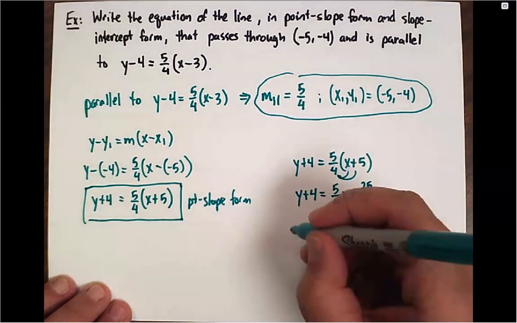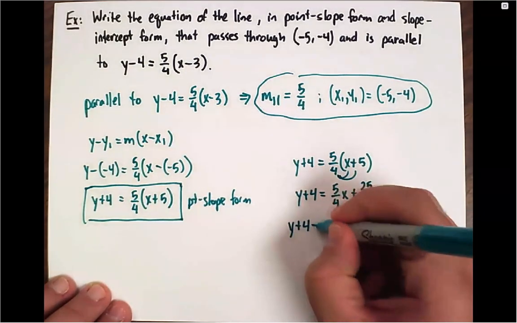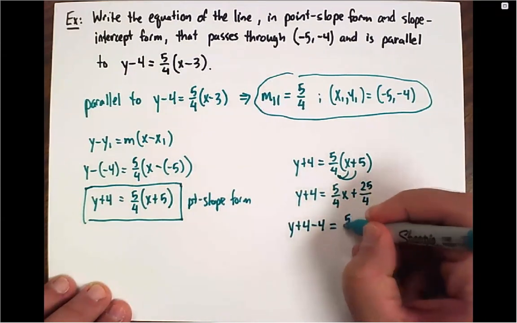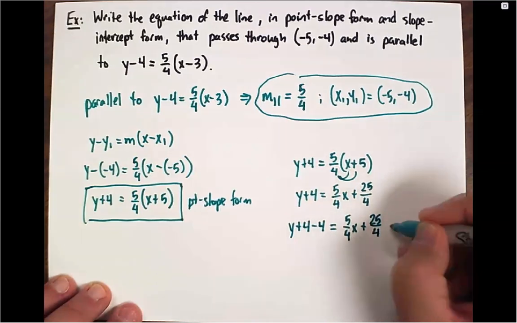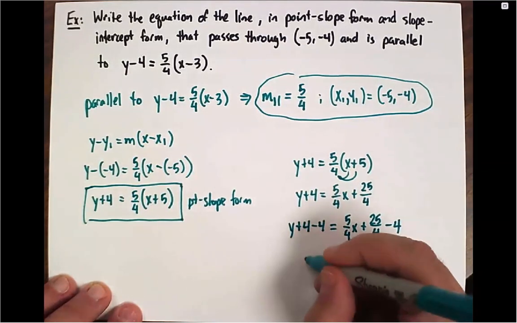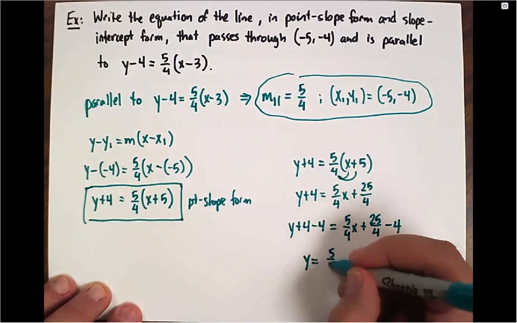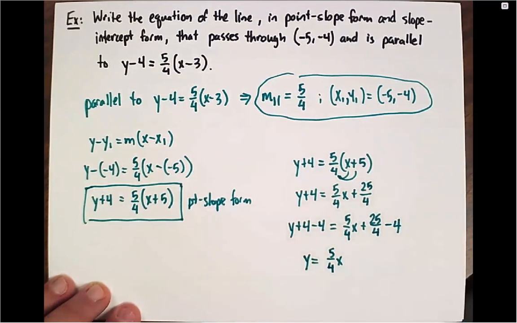And then I'm going to subtract 4 from both sides. So I get y equals 5 over 4x plus 25 over 4 minus 4.